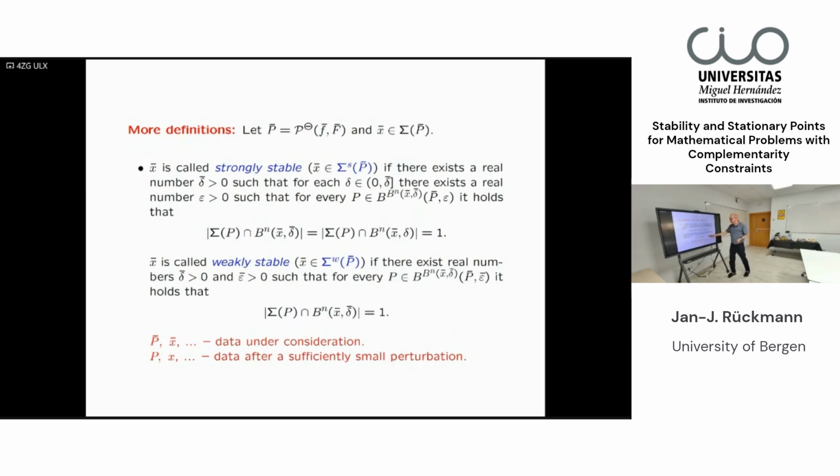I will not go into details here for weakly stable, but the difference between strongly stable and weakly stable is that here the theta is varying between 0 and a certain theta bar, and it should hold for all theta in this interval. So we can make it small or big, but we have only exactly one solution for the perturbed problem. Weak stability means we leave the theta bar fixed, and we do not care about smaller thetas here.